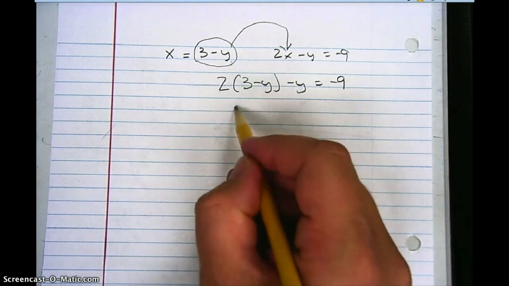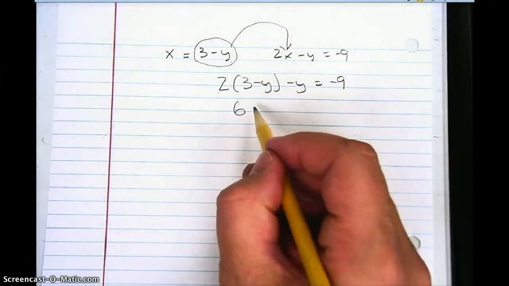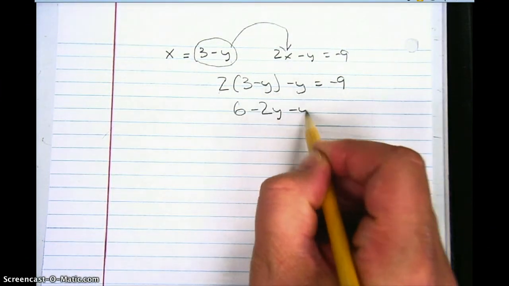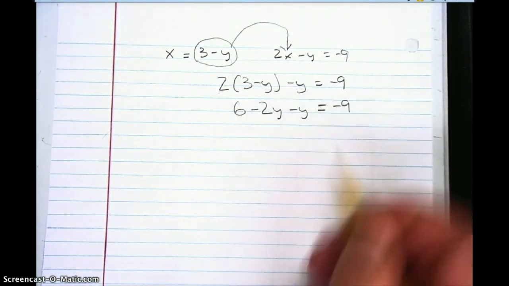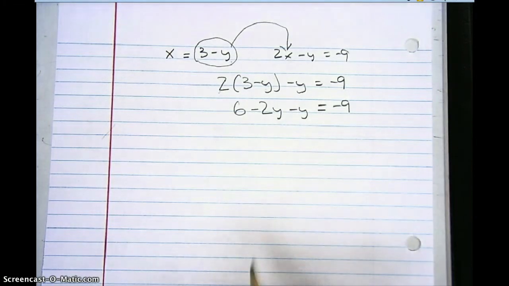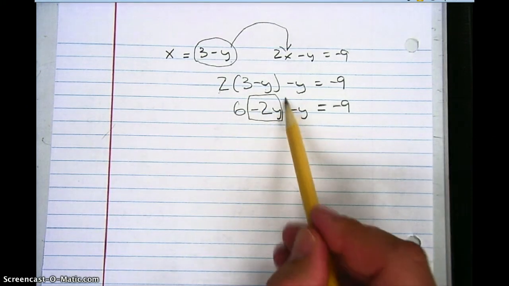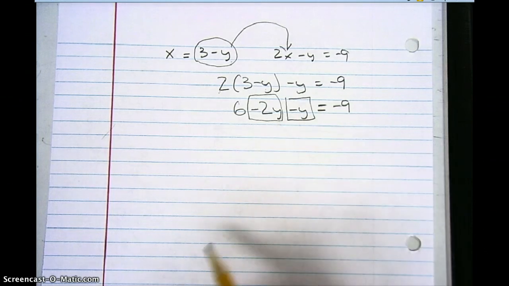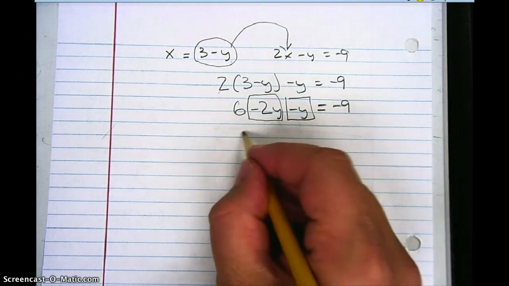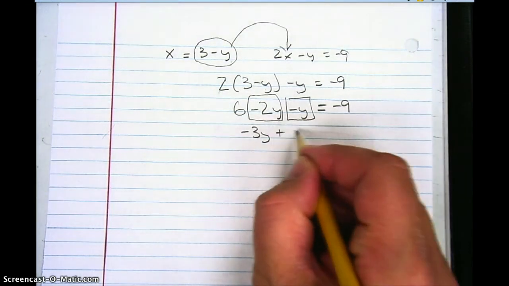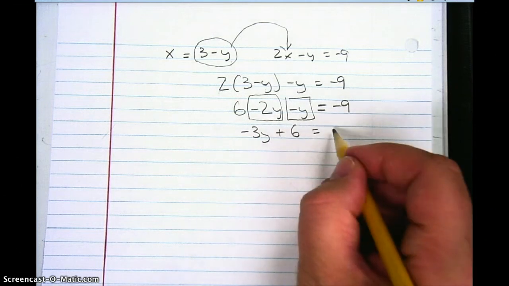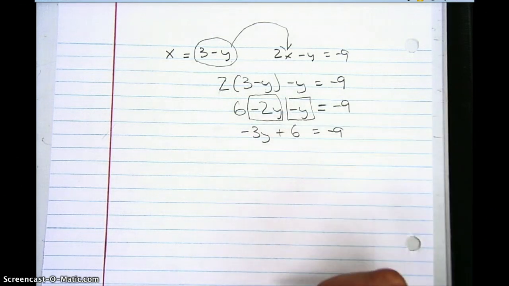2 times 3 is 6. 2 times negative y is negative 2y, minus y equals negative 9. If I combine my like terms, I have negative 2y and negative y. That makes negative 3y plus the 6 is equal to negative 9.